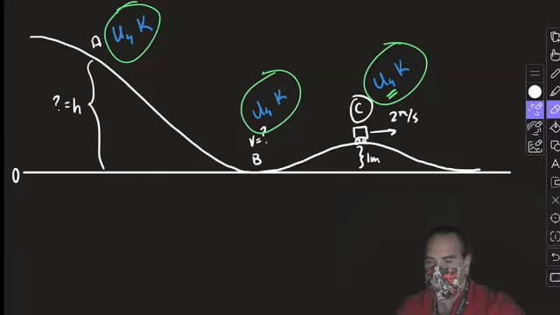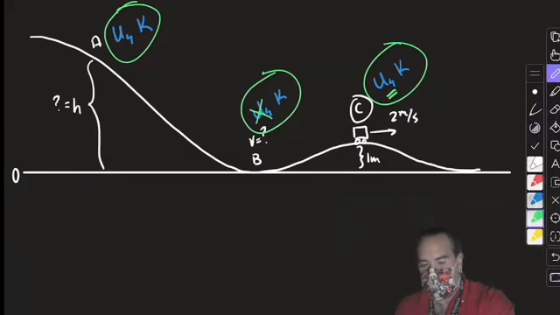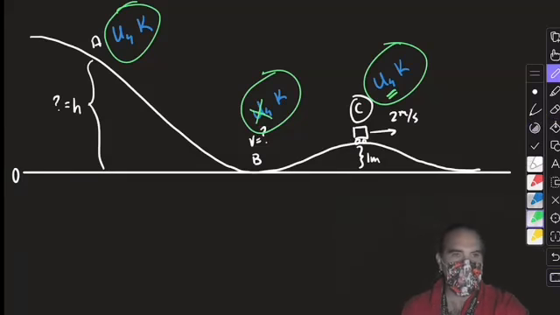If it's above the reference level, it has gravitational potential. So I'm going to go to each of the states and decide whether it has gravitational potential or not. State B doesn't have gravitational potential. Why? It's at the reference level. Its height is 0. State A, yeah, it has gravitational potential. Why? Because it was started above the reference level.